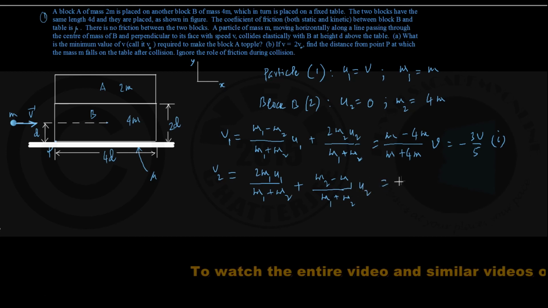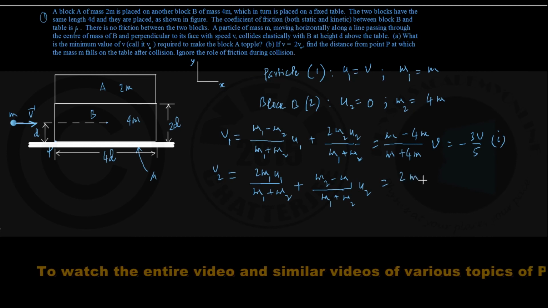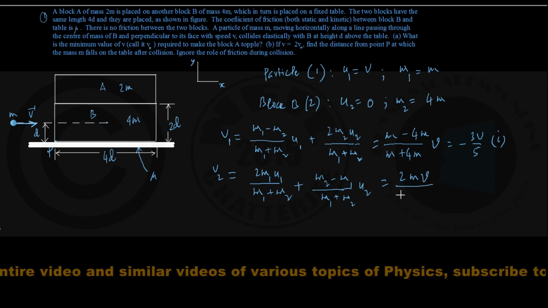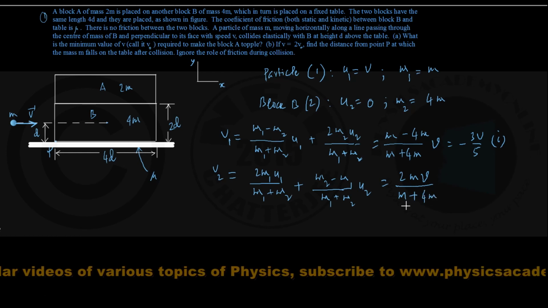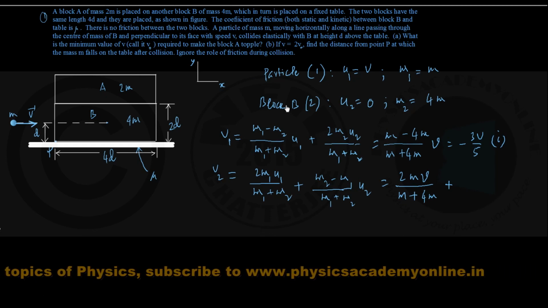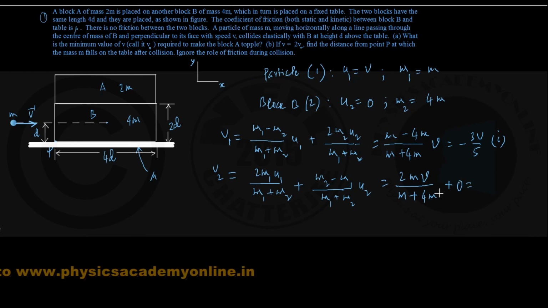Once again putting in the values, twice m1 is simply 2m, u1 is equal to v, m1 is m and m2 is 4m. This is the first term, and the second term vanishes because u2, the block B's initial velocity, is 0. The m cancels out and V2 comes out to be twice V by 5. That is equation number 2.